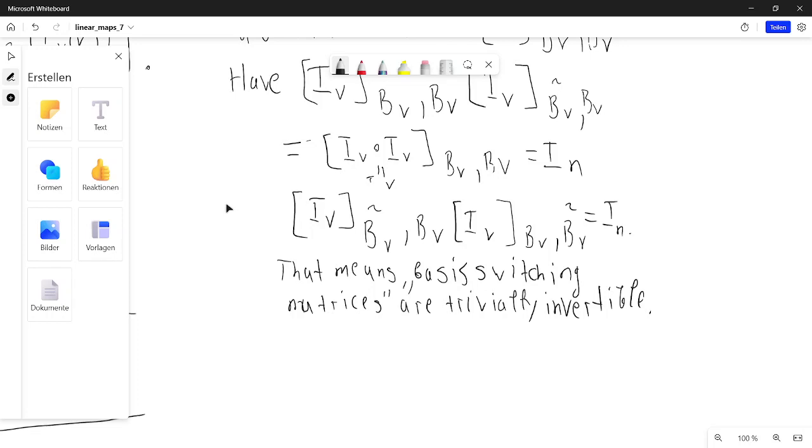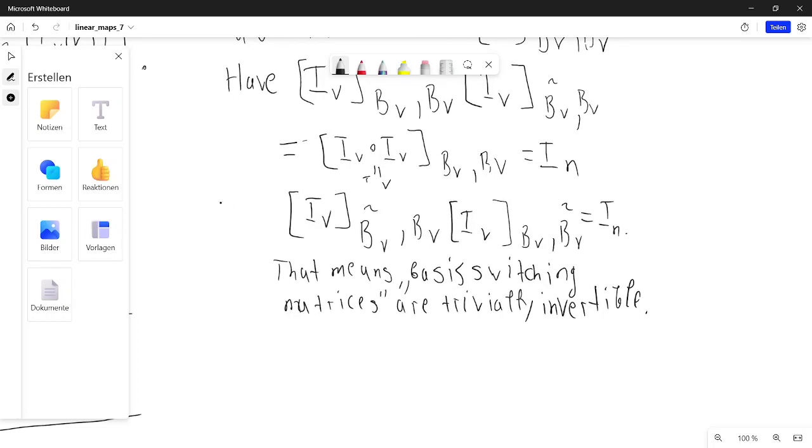Now, you can guess what the generalization is. Take an invertible linear map, because identity here was invertible, right? And we know invertible means bijective, so it is an isomorphism, so the dimensions of the spaces should be equal, right?